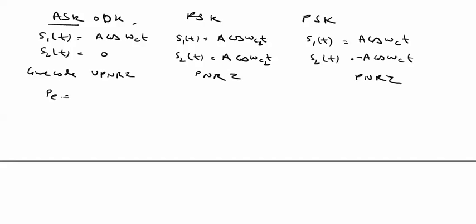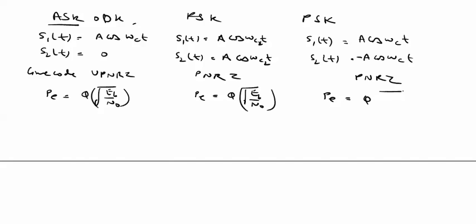Probability of error for ASK is Q root Eb upon N naught. Probability of error for FSK is Q root Eb upon N naught. Probability of error for PSK is Q root of 2 Eb upon N naught, 3 dB superior.